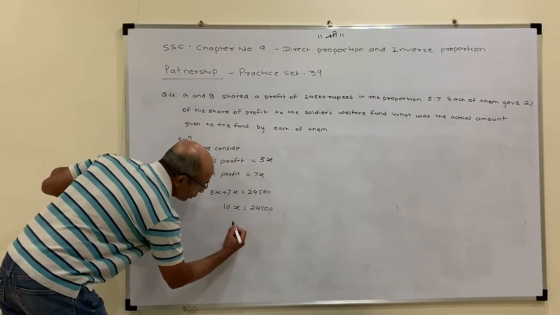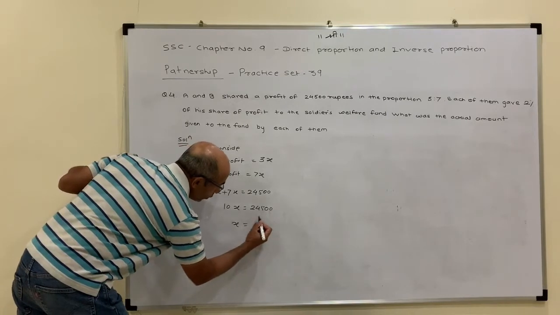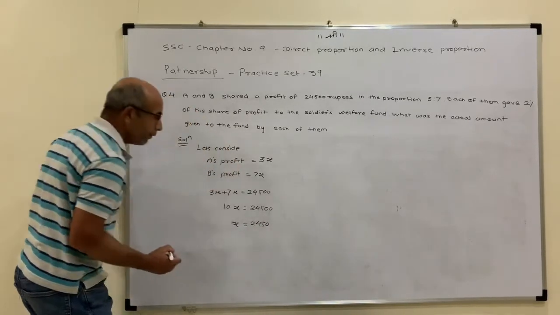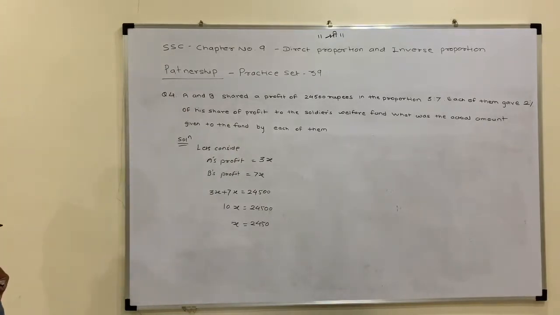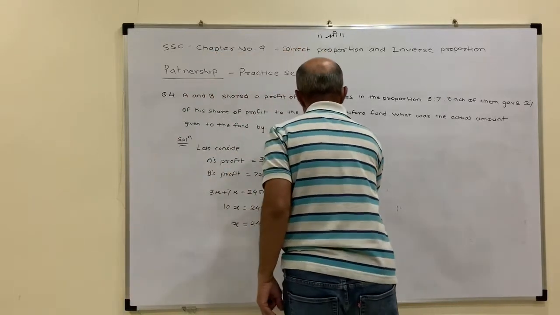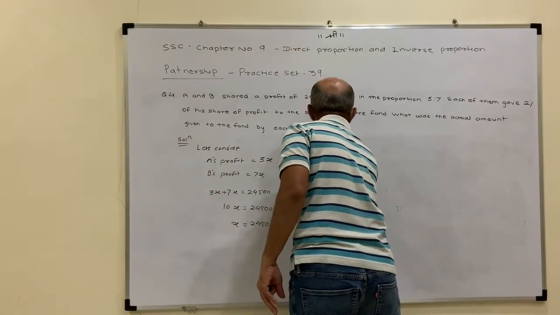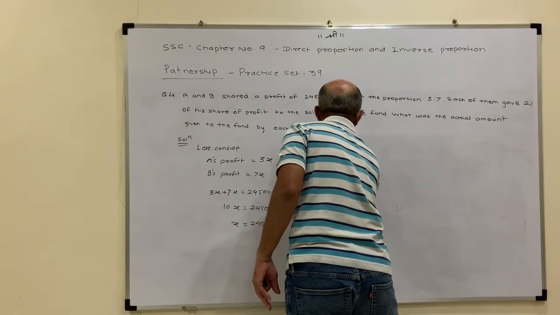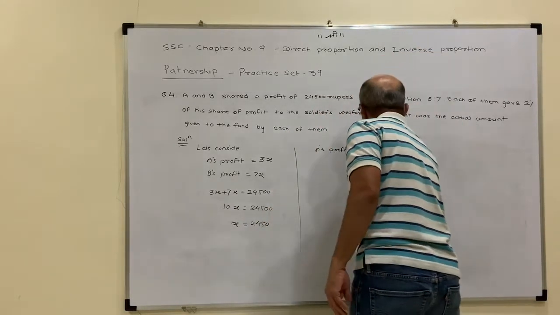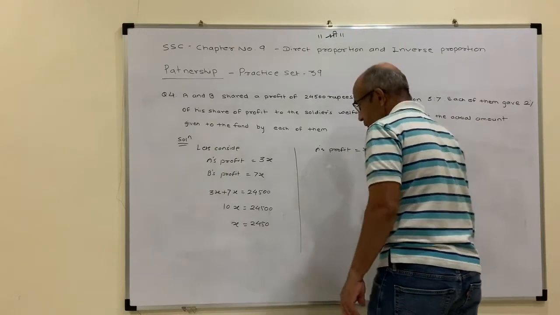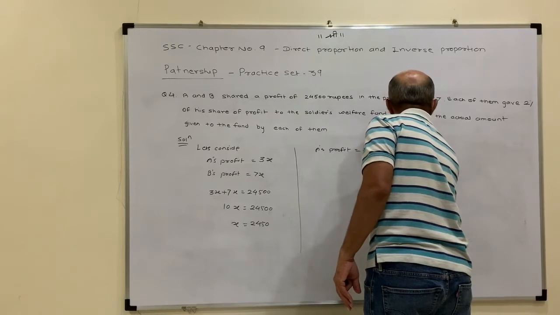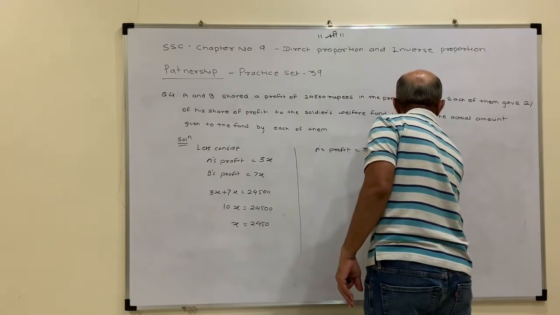Now I divide both sides by 10, so my answer will be 2,450. So now how much is A's profit? A's profit equals 3x equals 3 into 2,450.